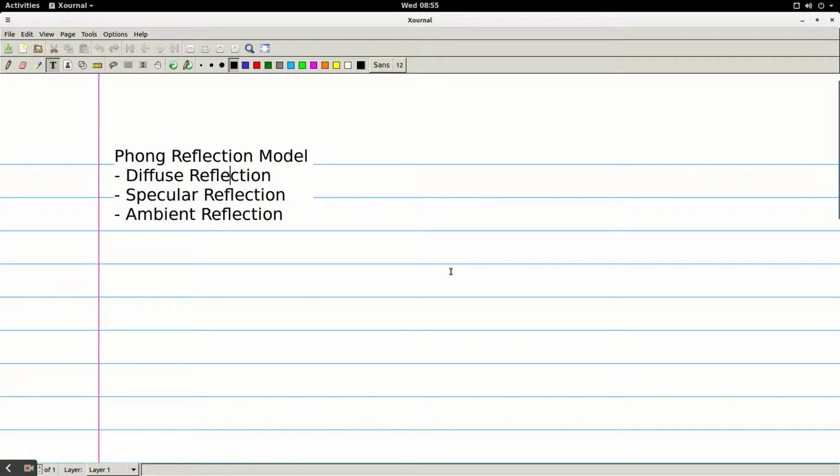The angle with the surface normal. As the angle with the surface normal increases, the light will fade away and things will get darker. For the final one, the specular reflection, this is about a very shiny part which moves with the viewer, but also the light source matters.